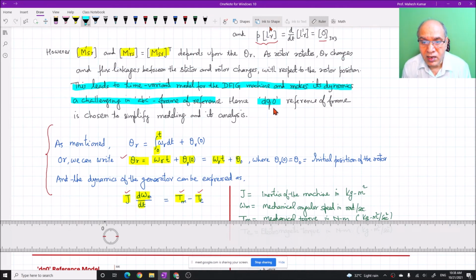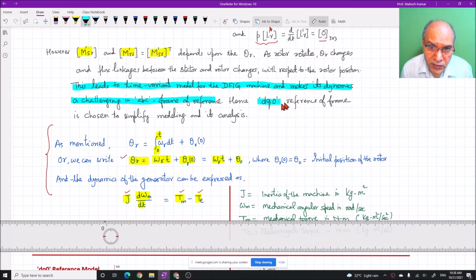This is also called the synchronously rotating reference frame because the DQ0 axes are rotated at synchronous speed, so that the ABC quantities are seen as constant quantities. Alright, so ABC quantities are seen as constant quantities for a three-phase balanced system. This is the beauty of the DQ0 transform.